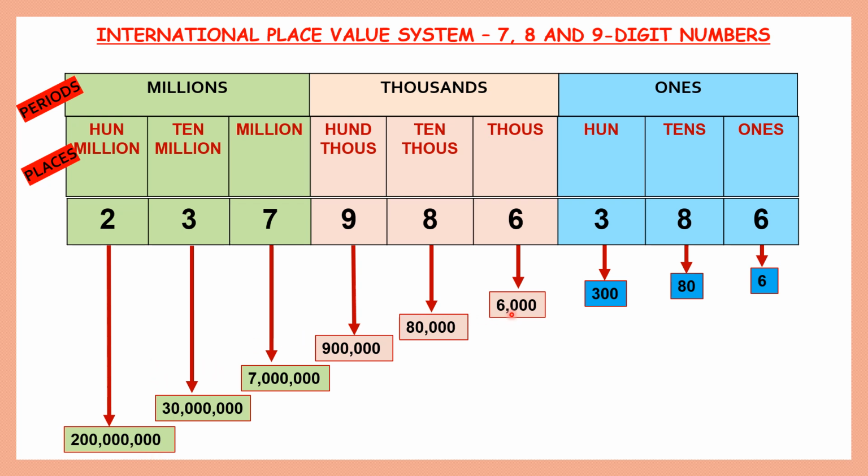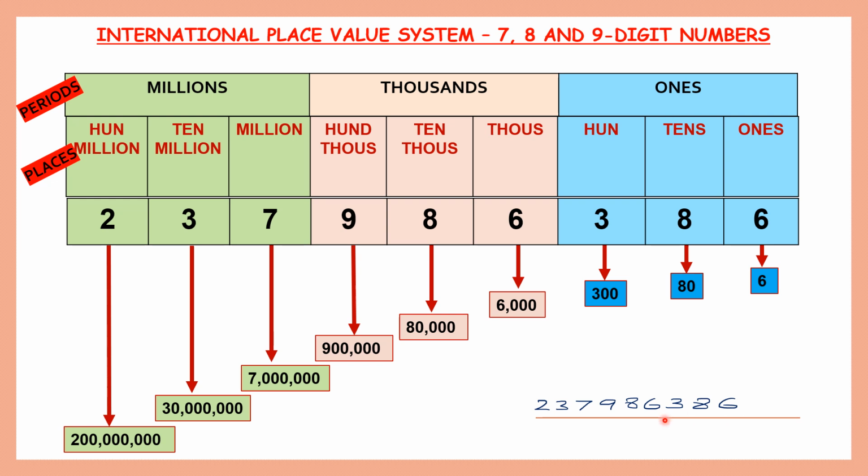So can you see, children, the difference here? We have 3 periods, the ones period, the thousands period and the millions period. Now let's write down this whole number. So we have 2, 3, 7, then we have 9, 8, 6 and 3, 8, 6. Now this is in the international system. That means our commas are going to be after every period, that means after 3 digits.